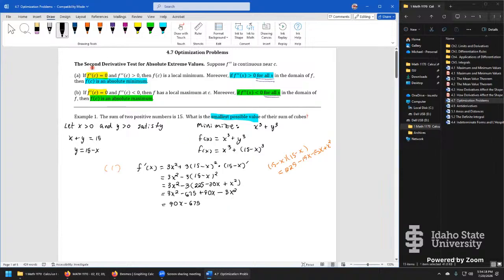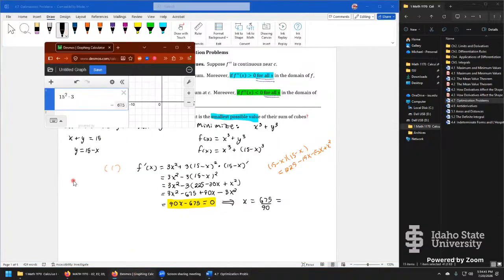And we're still in step 1. We want the critical number, so we set this equal to 0 and solve. So here's the yellow highlighting. Here's f prime at x all the way at the bottom, following that chain of inequalities. It's set to 0. And this will imply x equals 675 over 90.